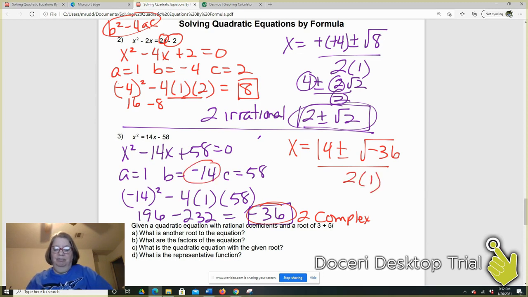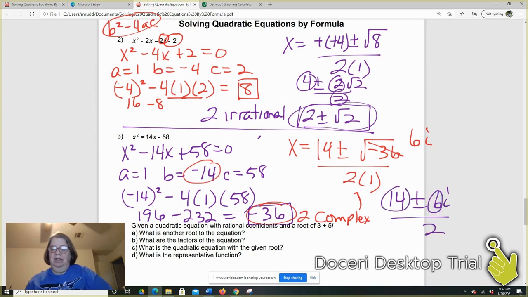B is negative 14, so negative b is positive 14. How do I simplify the square root of negative 36? That's going to be 6i. So now I have 14 plus or minus 6i divided by 2. Divide, divide, divide. I promise we're almost done.